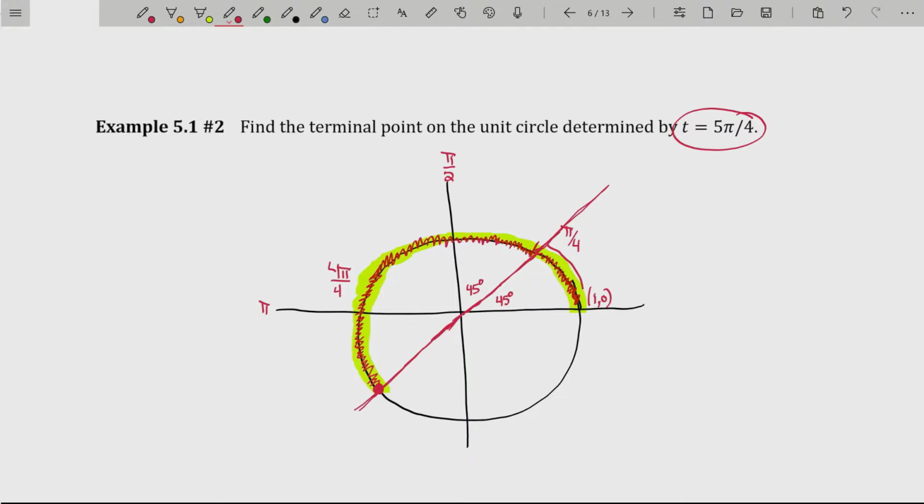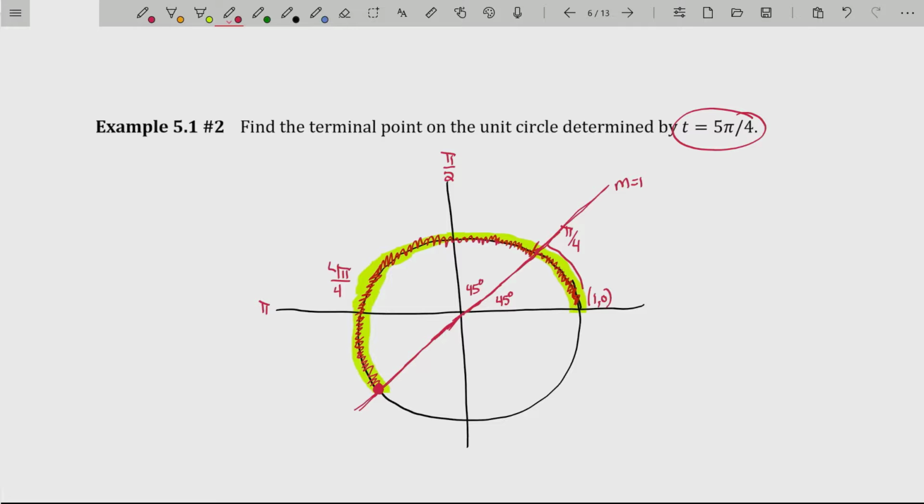Well, that is a line with slope 1. This is a line having slope 1. It rises the same distance as it runs because it's a 45-degree angle. That's really going to help us.